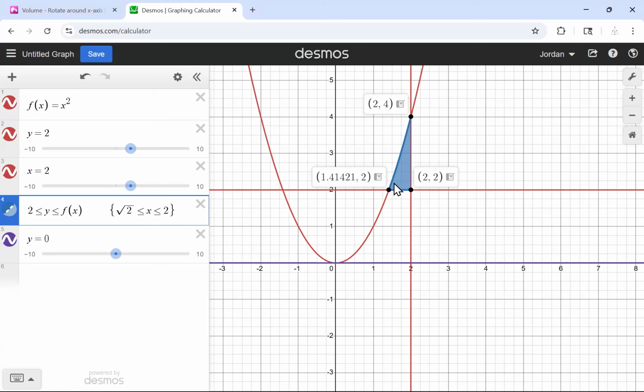I'm going to take this triangular piece and rotate it around the line y equals 0, which is just the x-axis. So as I do that, I'm going to create a figure with some space in the middle. Be careful when we go to integrate.